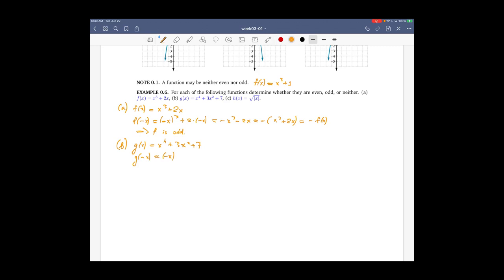Actually, I am incorrect. Let's compute it. It's negative x to the fourth plus 3 times negative x squared plus 7, because all powers are even. Raising negative x is the same as raising x. We get x to the fourth plus 3x squared plus 7, which is g at x. And so g is even.